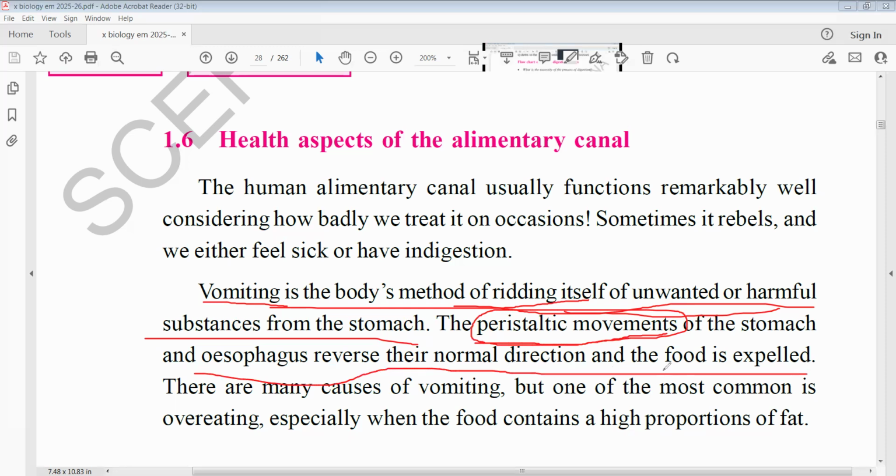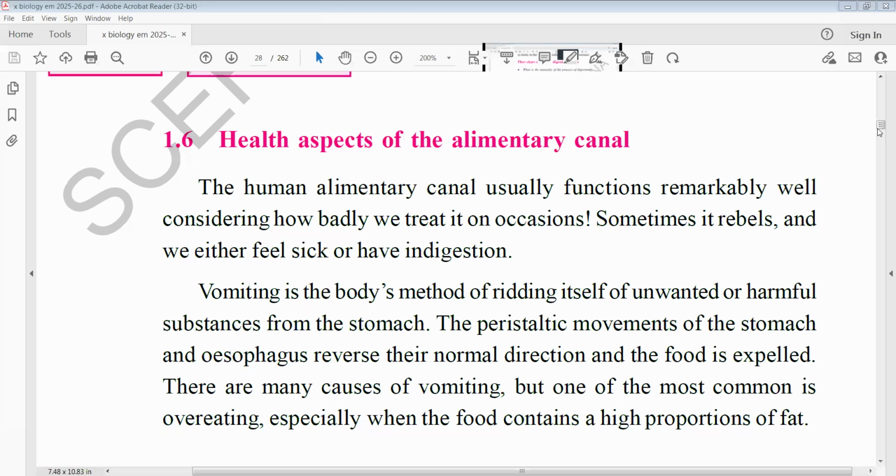Instead of peristaltic movement from up to downward, it occurs in reverse, from down to up, so the food present below comes up and is expelled. That is called vomiting. It occurs only when we take food that is not fit for us, poisonous or unwanted material.